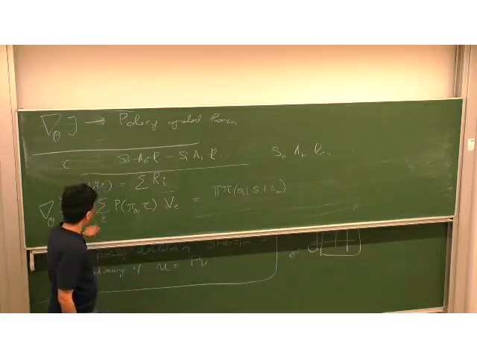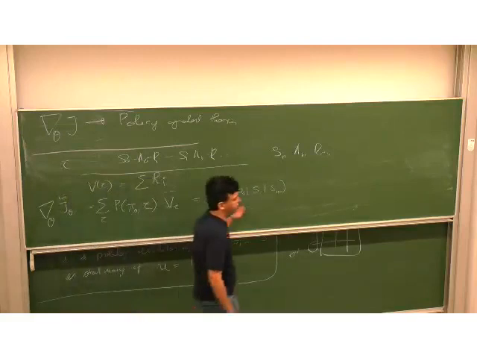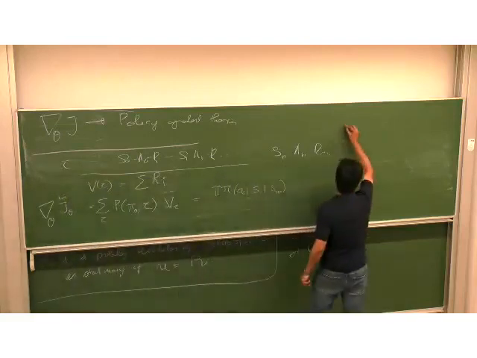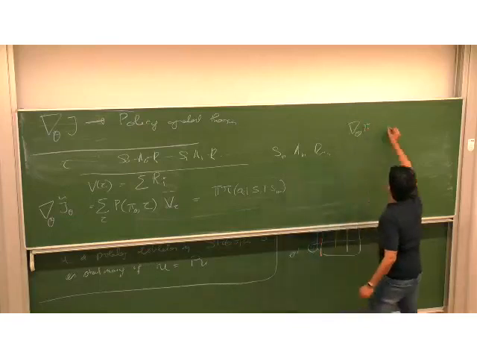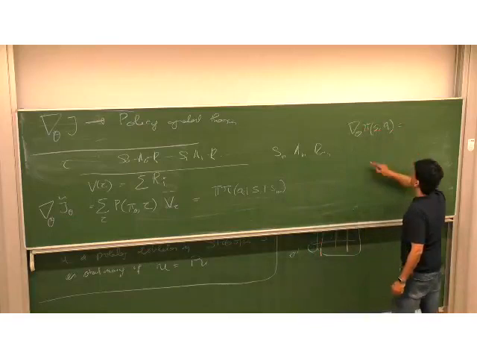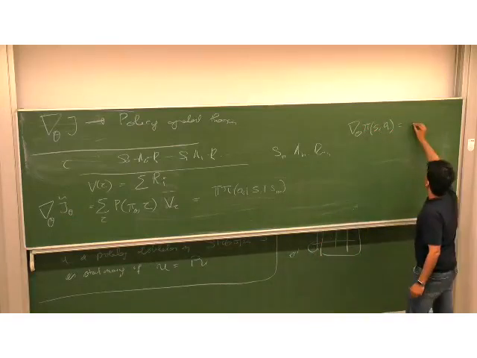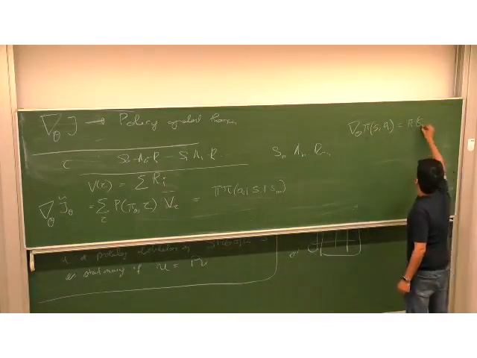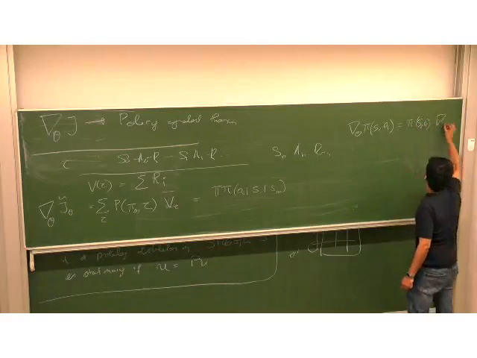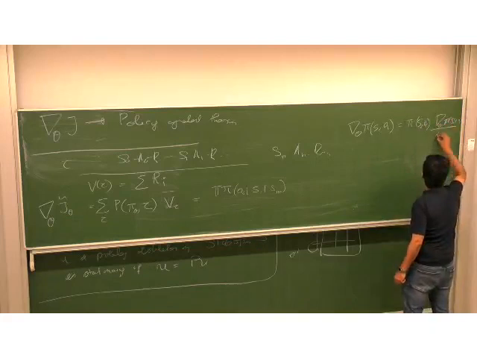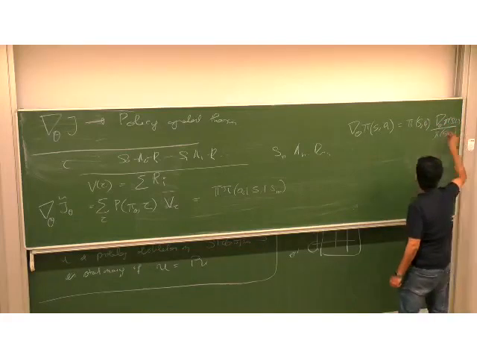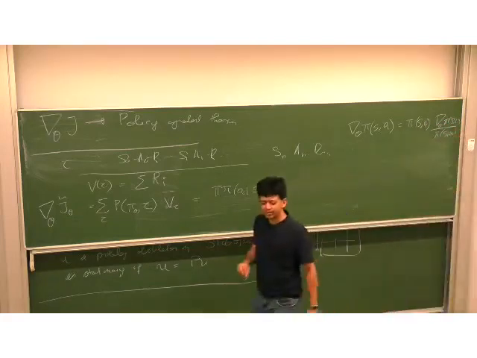Now suppose I wanted to compute something like that. Whenever you want to compute the gradient of a probability, you should know that what you can do is multiply and divide it by something like this.